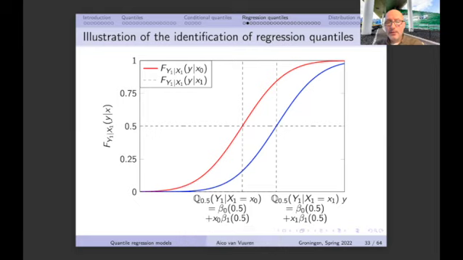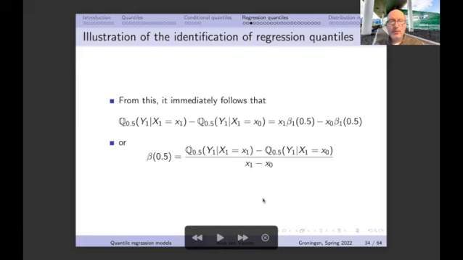Well, this is now going to be helpful, because one thing that we can now do is to combine these two restrictions in order to at least show that beta 1 is identified. One thing I can simply do is to subtract these two things from each other. If I do that, then on the left hand side I get the difference in terms of the quantiles, and on the right hand side I simply get x1 beta 1 evaluated at a half minus x0 beta 1 evaluated at a half.